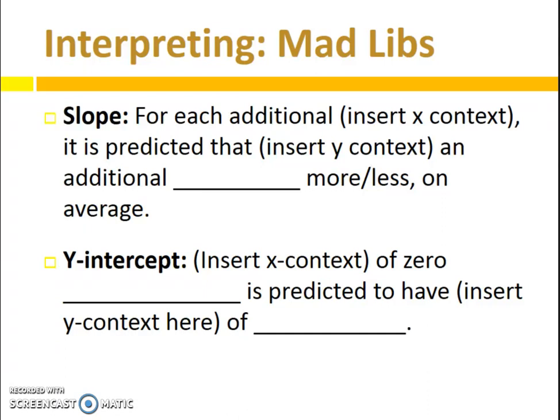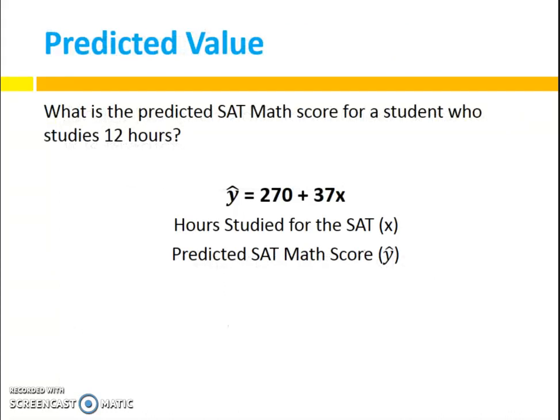For the y-intercept, you have to again mention that it's about x equals 0 and that it's predicted there. Sometimes they'll ask you, does this make sense? And then you have to use your best judgment to see if that y-intercept interpretation makes any kind of sense whatsoever for the context.